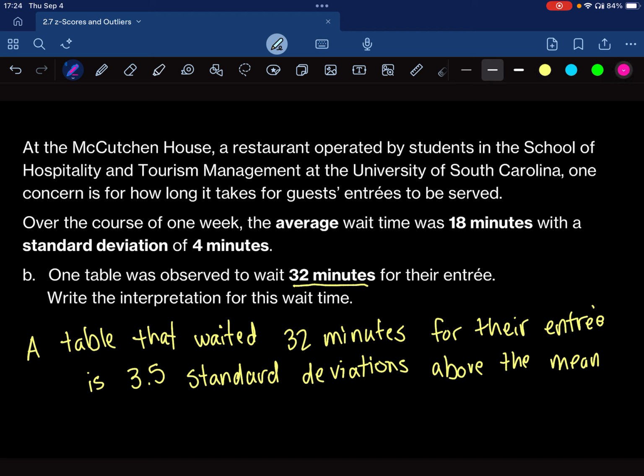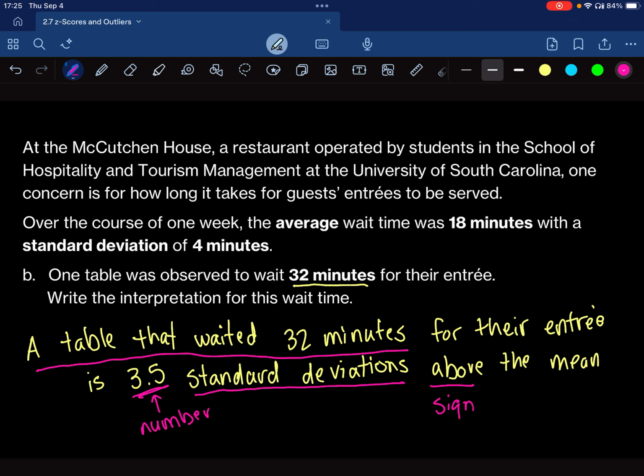So the first part is that you give me some kind of context related to the problem. I'm also looking for the number that goes here. You do not need to include a sign, so ignore whether it's positive or negative. You should also say the word standard deviations. You would tell me whether it's above or below the mean. Again, that's related to the sign.